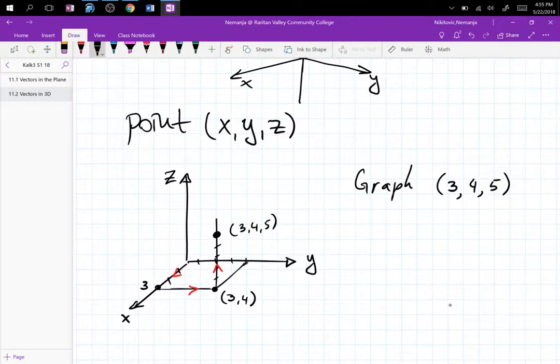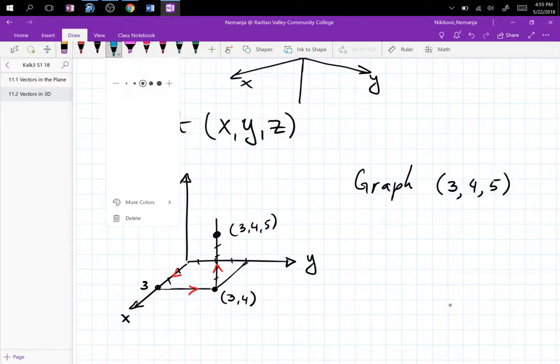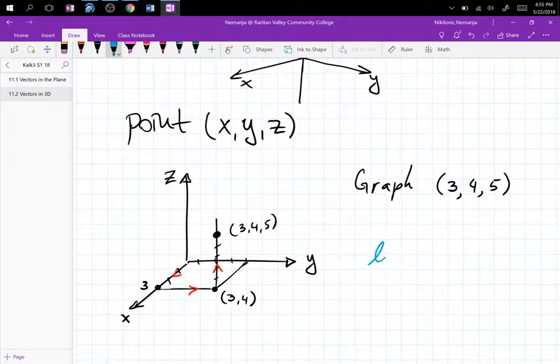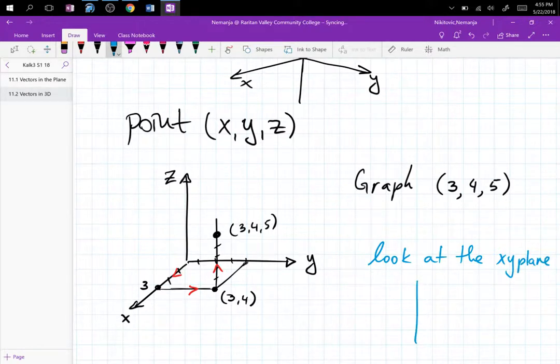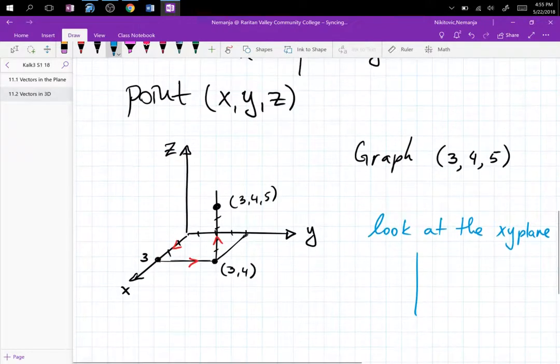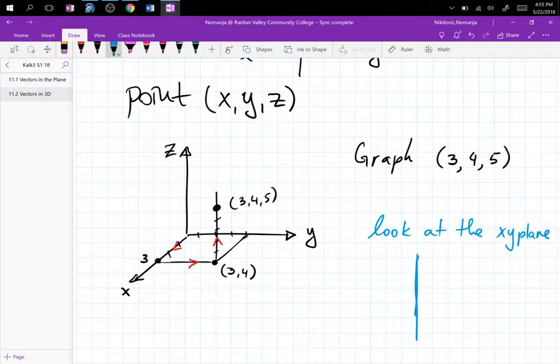Now, if I want to look at the xy plane alone, the xy graph for this particular picture would be 1, 2, 3 on x, 1, 2, 3, 4 on y, and that's 3, 4.